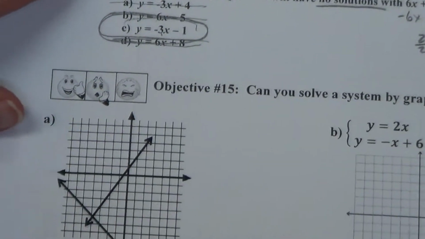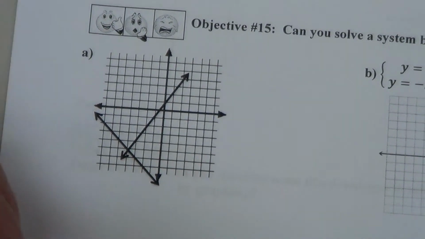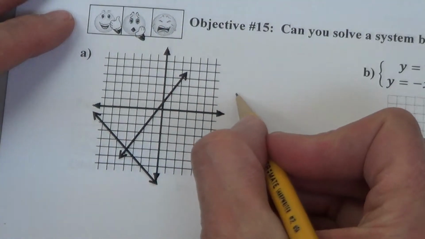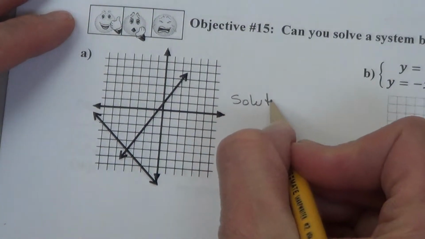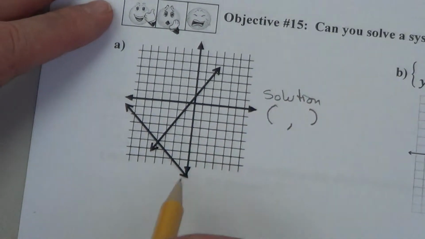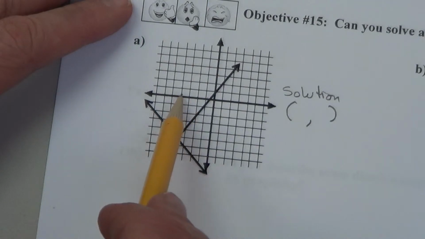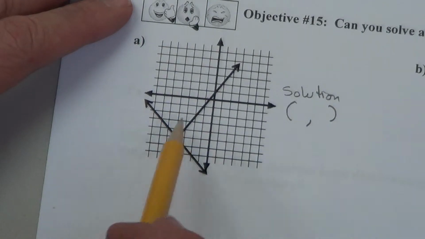Can you solve the system by graphing? Well, looking at this graph that's already done for me, I can tell you what the solution is. The solution of this system, remember, is always a point where they intersect. It would be -1, 2, 3, 4 for the x value.